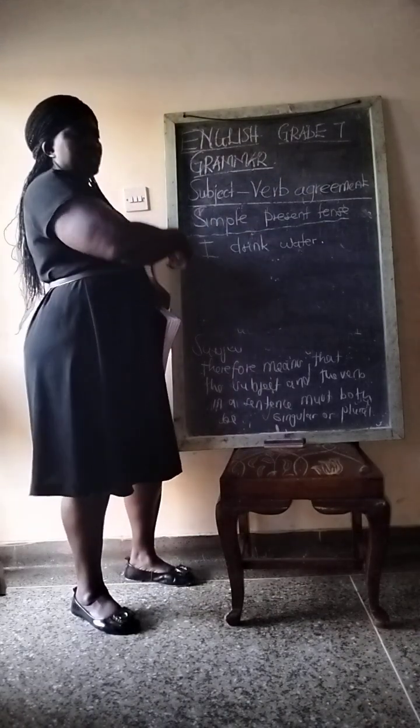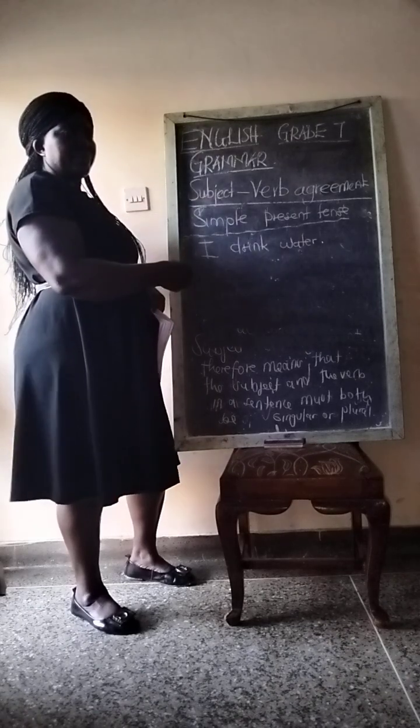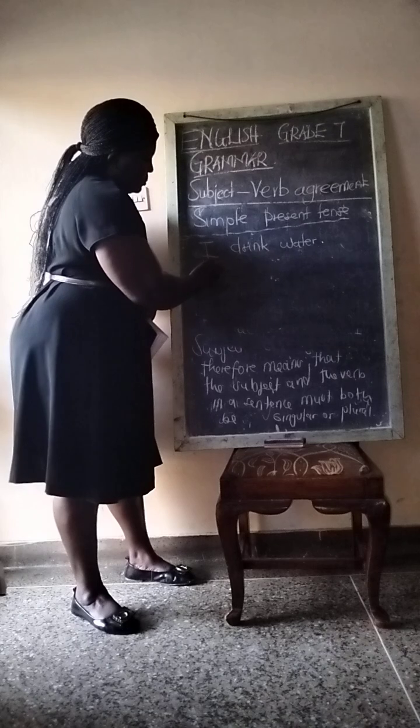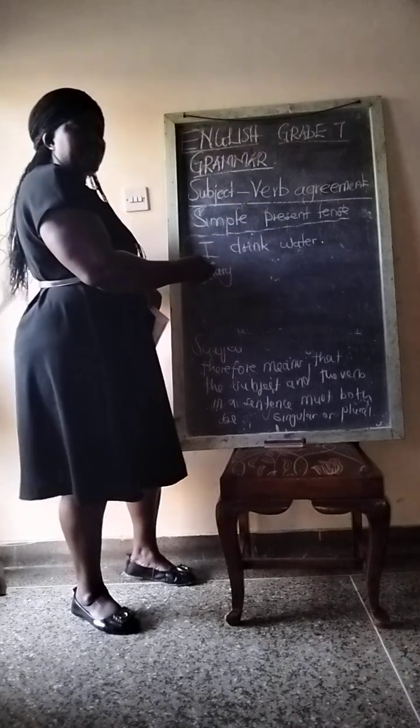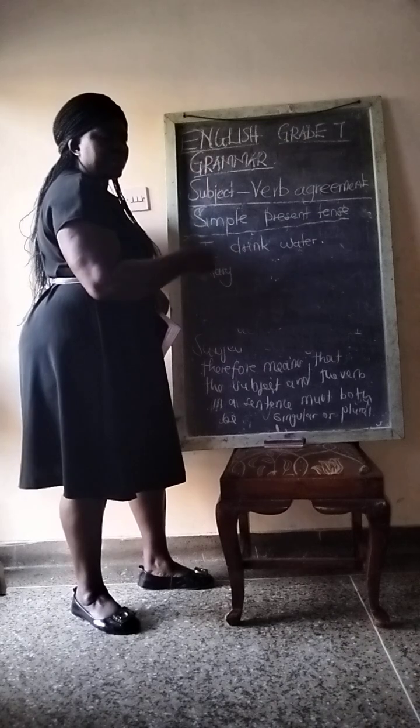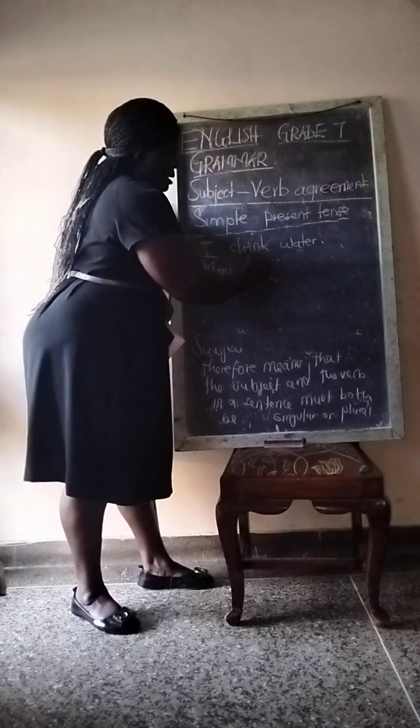Now you want to say that your friend also does the same. I drink water, and your friend, let's say Mary. What will you say, Mary, using drink? Mary drinks water. I hope you're also writing yours.